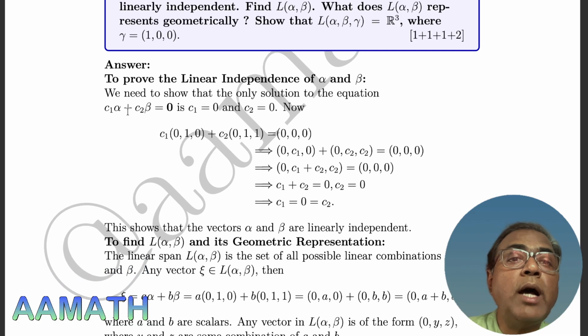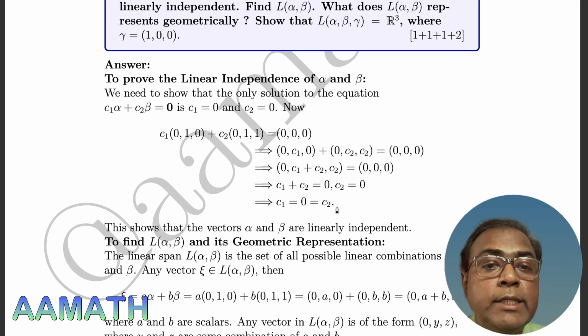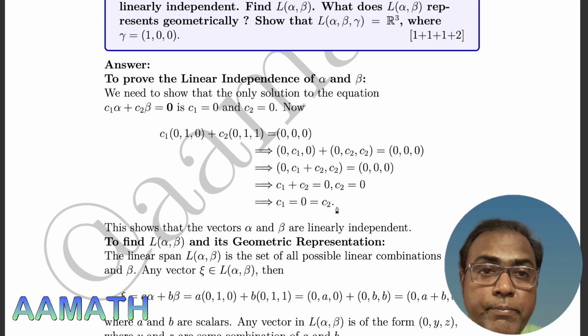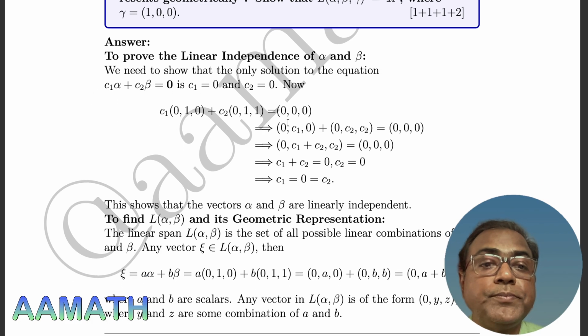So C1 alpha is (0, 1, 0), and C2 beta is (0, 1, 1), equal to the zero vector, that is (0, 0, 0). After simplification, we get C1 plus C2 equal to 0 and C2 equal to 0. Hence C1 equals 0, C2 equals 0. And this shows that the vectors alpha and beta are linearly independent, because from this equation we get the only solution C1 equal to 0 and C2 equal to 0.